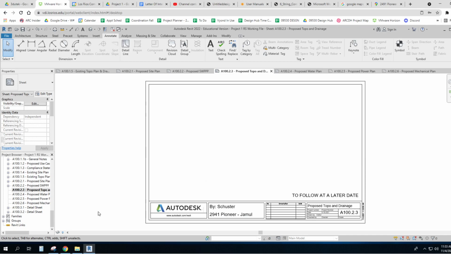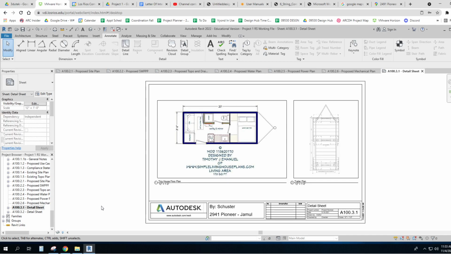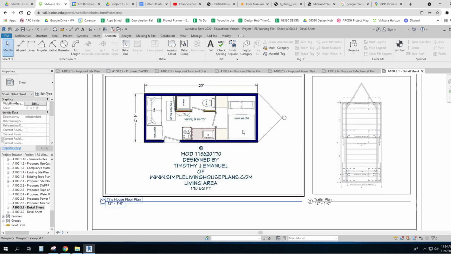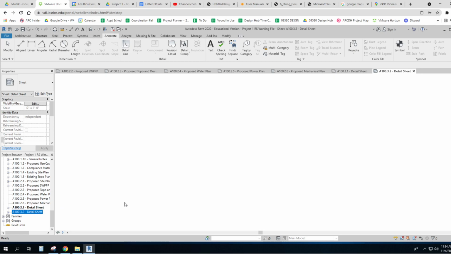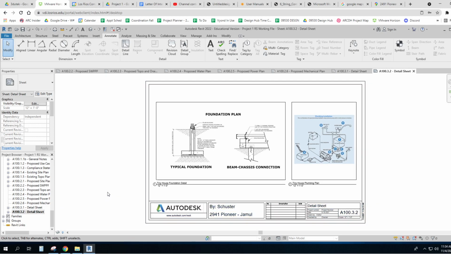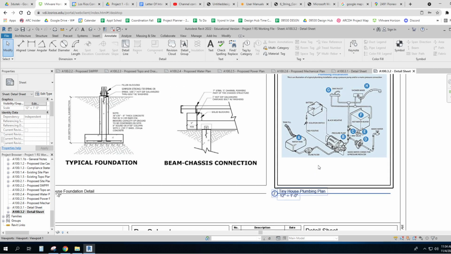Okay, awesome. And then as far as the detail sheets, so there's that one. I already drew mine out, so I just need to find which one I did and give them credit for it. Yep. But then on the next detail sheet, the next one down, we just find any plumbing plan and then we draw that in there.